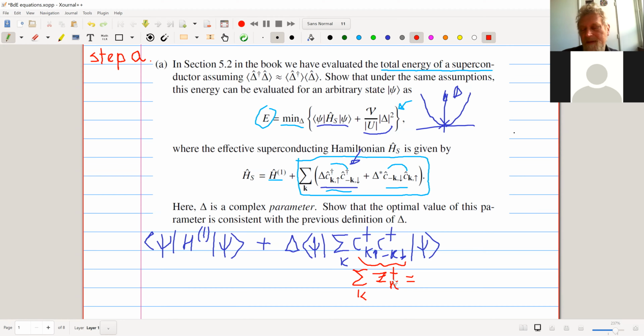Okay, it has to be conjugated creation. We have also defined the sum of these zetas over k, and that was nothing but the operator delta.